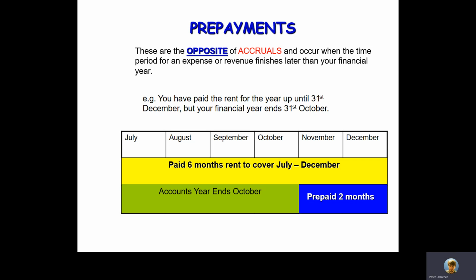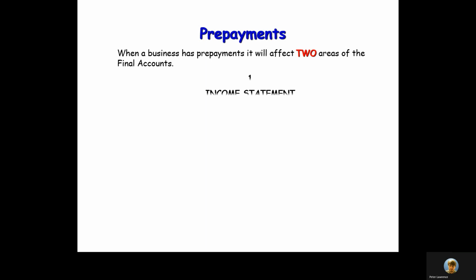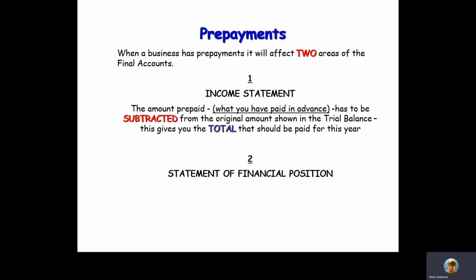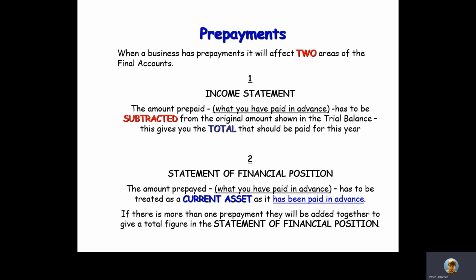We'll have prepaid 2 months worth of expense. So where we've got a prepayment, this time it reduces or subtracts from the amount shown in the trial balance and creates an expense on the income statement, whereas for the statement of financial position, it becomes a current asset.